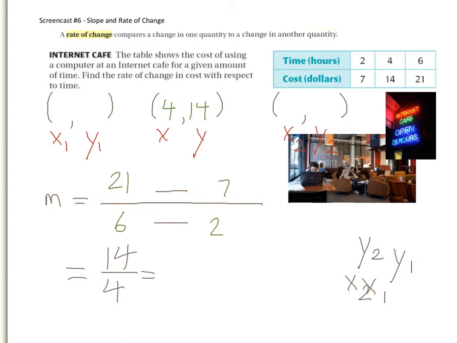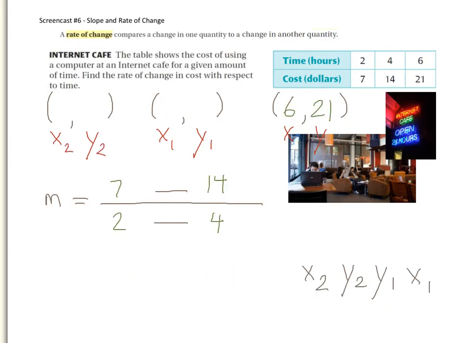Or did we? 14 over 4 we know does reduce to 7 halves, which of course is the same 3.5. Now, did we have to solve it 3 different ways, 3 different times, using different ordered pairs every single time? No, we did not have to. We were just thorough in checking our work, and as you can see, every single time we did it, we got 3.5. But of course, those three options weren't our only options.